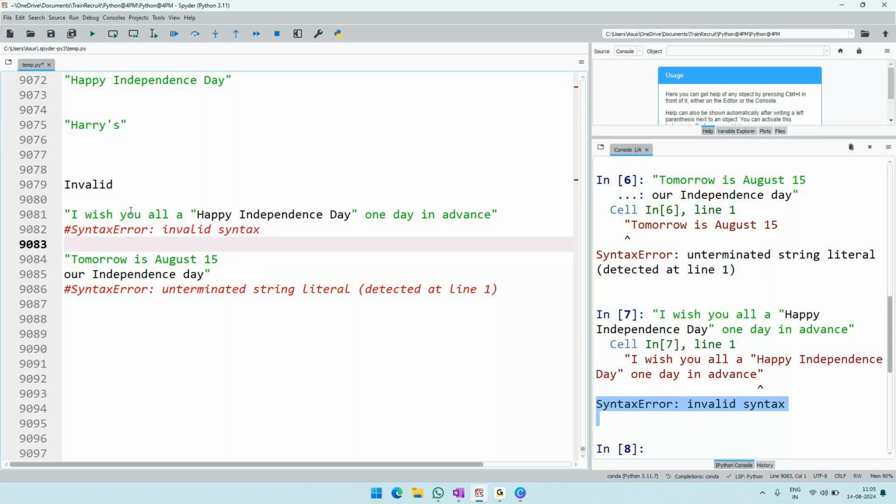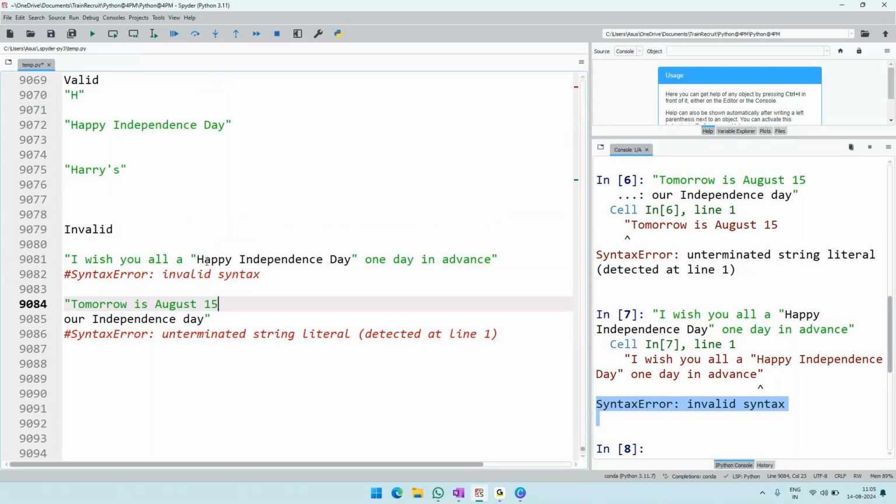Because here you started, here you ended, so it will not consider this line. Then again you started here and ended here. Your intention was to highlight Happy Independence Day, but we cannot have double quotes inside the double quotes, and we cannot have multiple lines also.